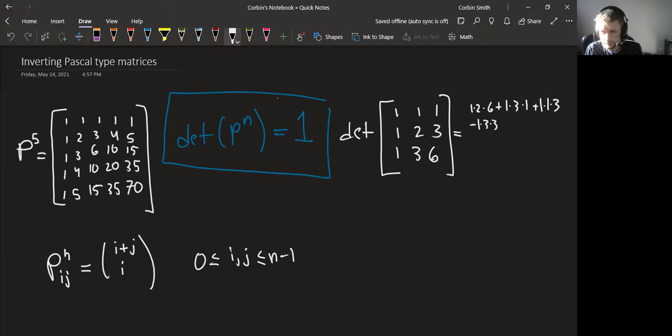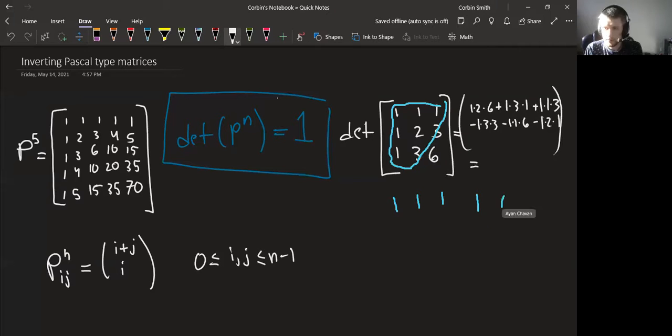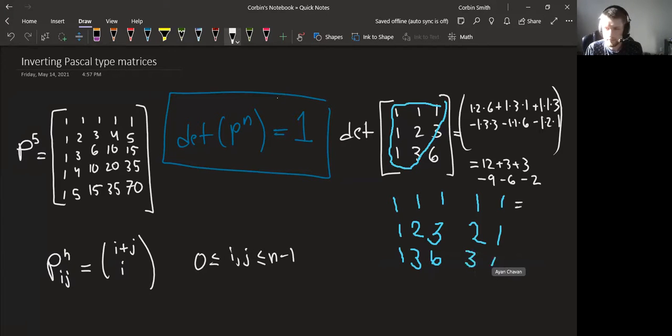Because if you take this part and repeat it to get 5 ones, and then 1, 2, 3, 2, 1, and 1, 3, 6, 3, 1. Well, if you just remove some extra stuff, you'll get a Pascal's triangle.